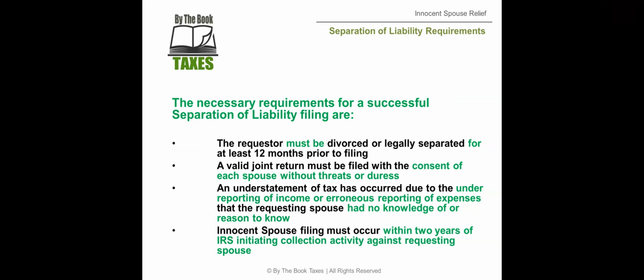There must be an understatement of tax occurred as a result of underreporting of income or erroneous reporting of expenses and credits that the requesting spouse had no knowledge of or reason to know, and the separation of liability filing must occur within 2 years of the IRS initiating collection activity against the requesting spouse. The big difference here is that the requesting spouse must have been either divorced or legally separated for a year prior to making this filing.